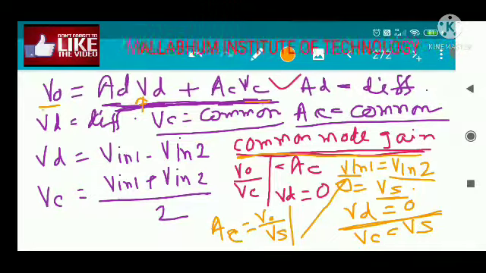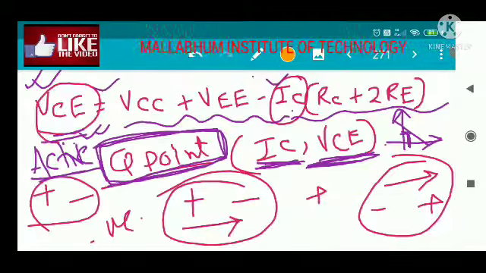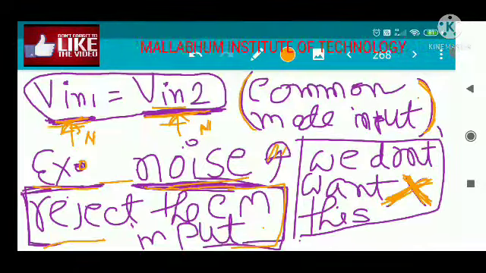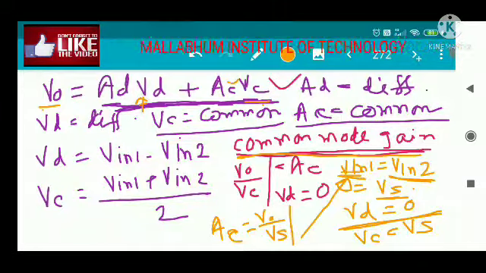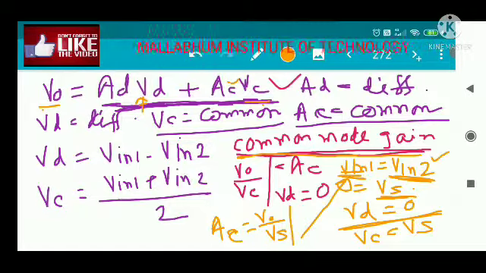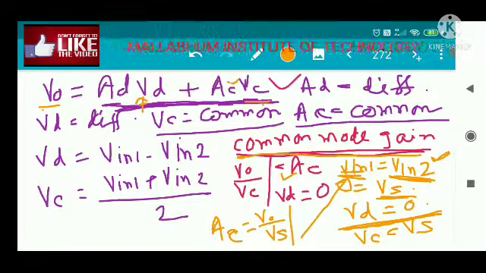In the case of the common mode signal, Vin1 equals Vin2, that is, the same input is common to both inputs. We have assumed it is equal to Vs. Only if Vin1 equals Vin2 is VD equal to 0, so this condition is satisfied, and your VC is nothing but your Vs. So AC is V0 divided by Vs.